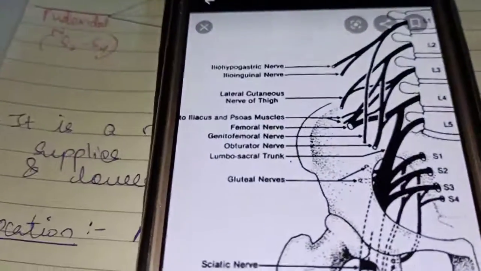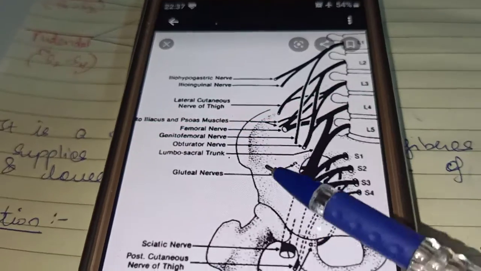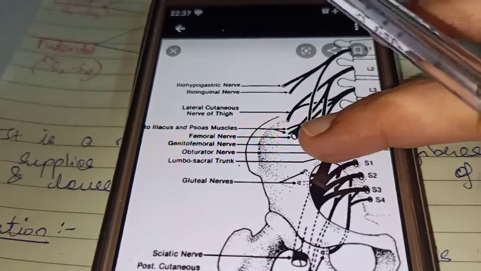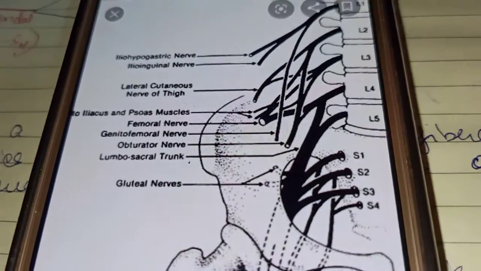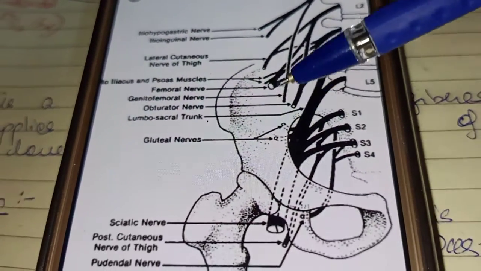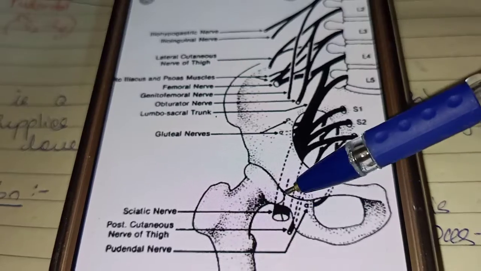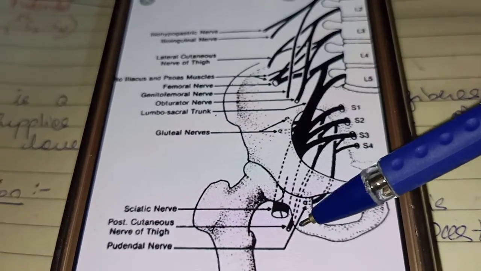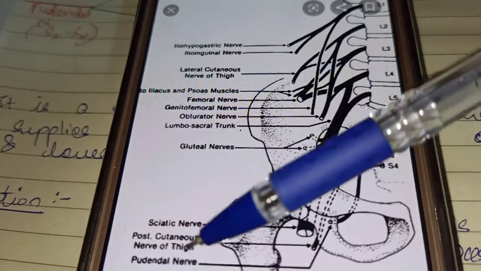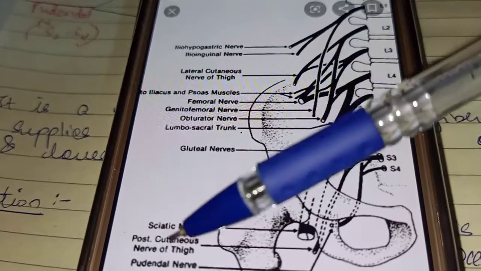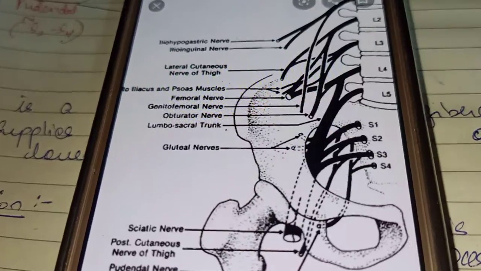So if you see this diagram, this is the lumbosacral trunk. These are the gluteal nerves, the superior and inferior gluteal nerves. This is the sciatic nerve. This is the pudendal nerve. And this is the posterior femoral cutaneous nerve, or it is known as posterior cutaneous nerve of the thigh.